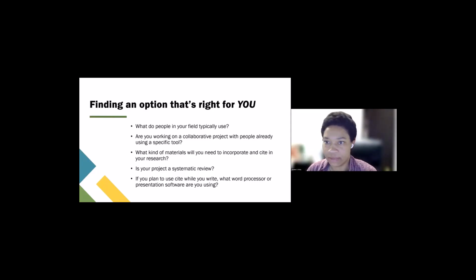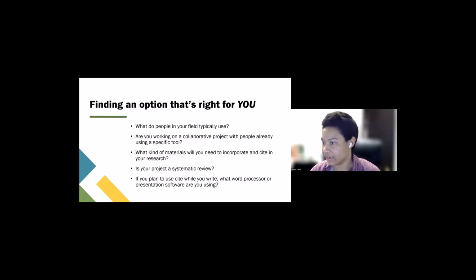But not everyone's doing that kind of research. If you want to search the databases from within the tool, for example for a systematic review, you want things a little more structured, and EndNote might be the stronger option. A lot of people use EndNote for systematic reviews, so that can be a good option there.